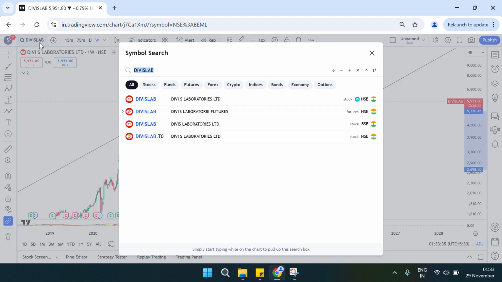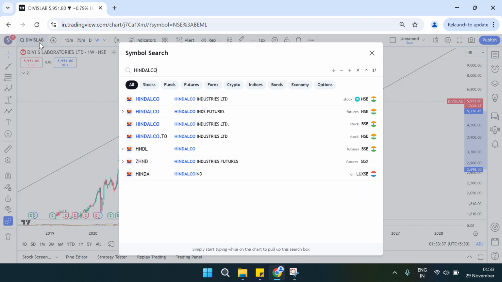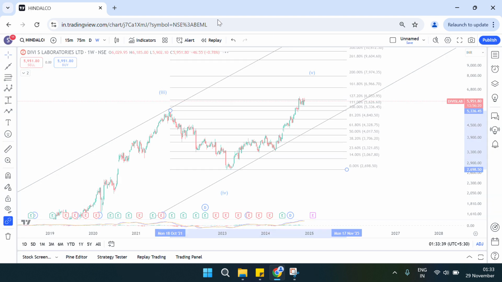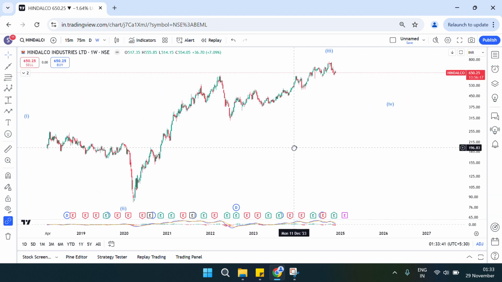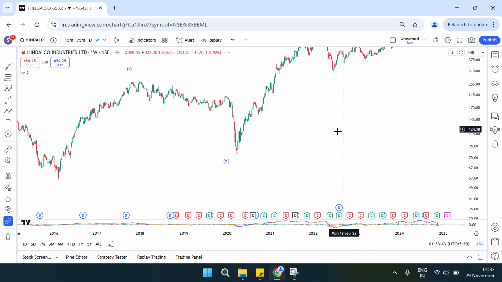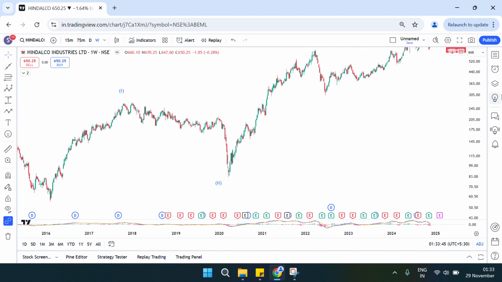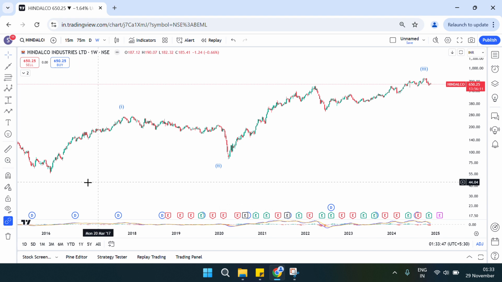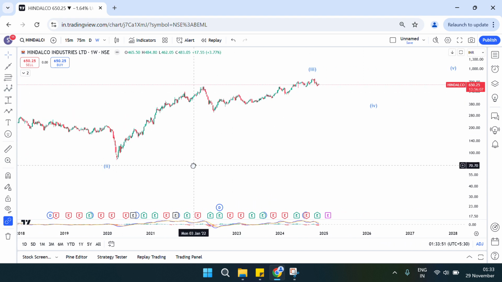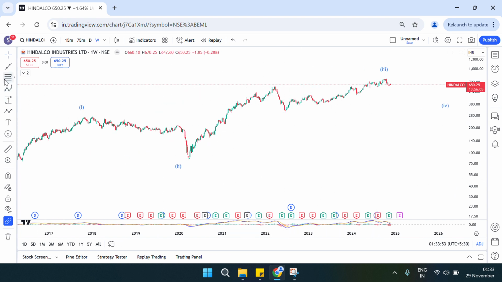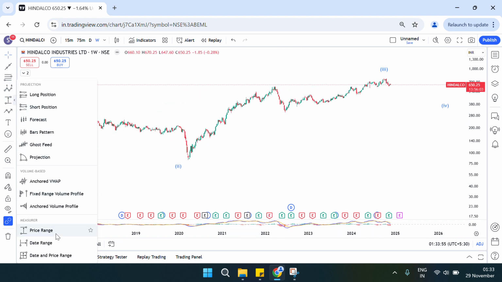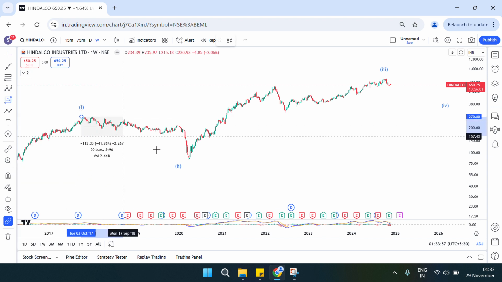Next we have Hindalco. Again, in a weekly time frame, we are completing wave 3 here, and this will lead to a fall equal to our wave 2.